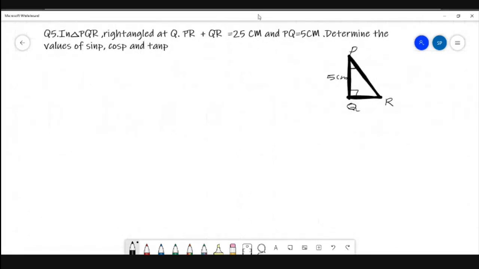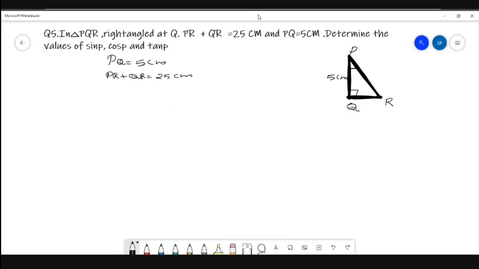Now let us start with given PQ. We have given PQ equal to 5 centimeter, and PR plus QR equal to 25 centimeter.